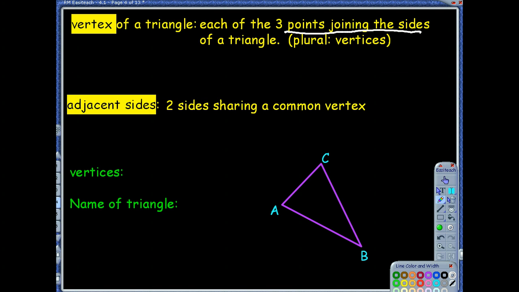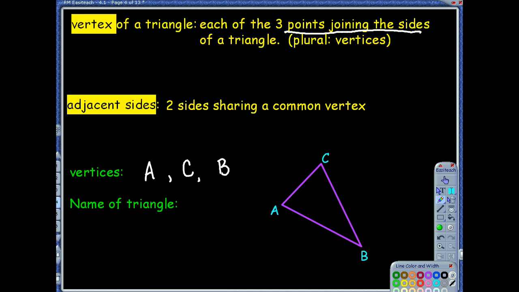Those would be considered our vertices. So what points do you see here that are joining those sides? What are the vertices of this triangle? In that particular triangle, that would be point A, point C, and point B. Perfect. And we know it's just the points. It's not going to be the side itself. It's the vertices or the points. Usually that's where the angle happens, where that vertex is located.